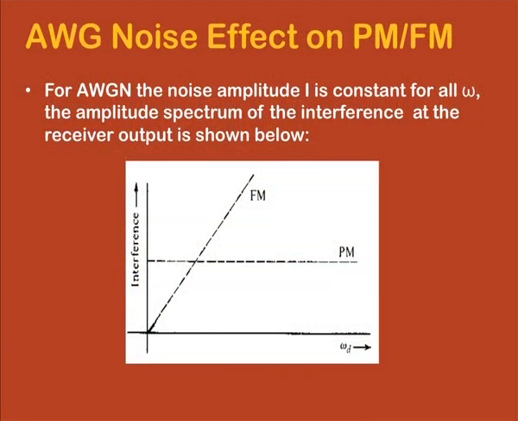Now, we are showing a schematic of how these two, FM and PM signals, have a varying effect of interference. What we see here in the next plot is that for FM signal, the effect of interference keeps on increasing linearly with the frequency offset, whereas for phase modulation the effect of interference is constant irrespective of the frequency separation between the carrier and the interfering signal.